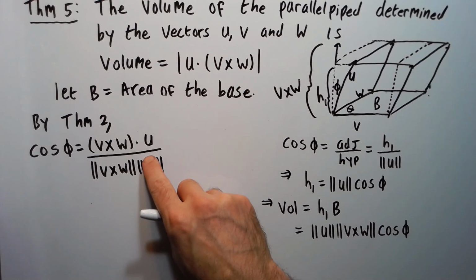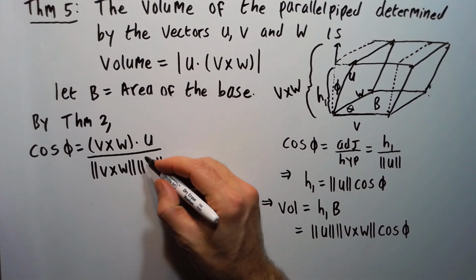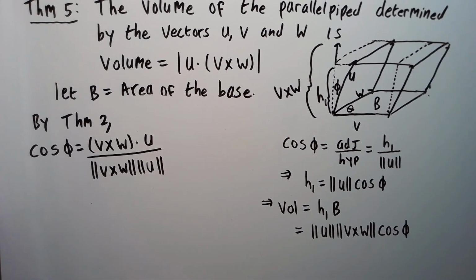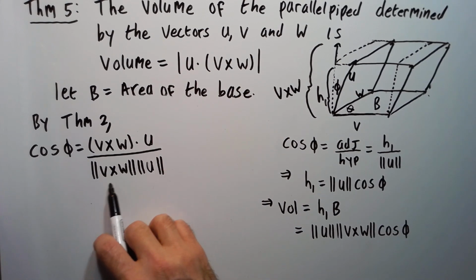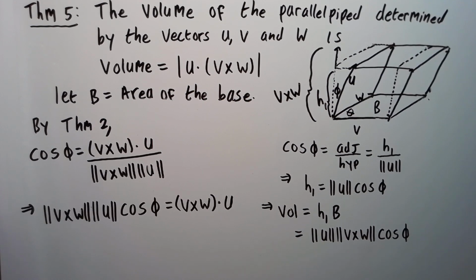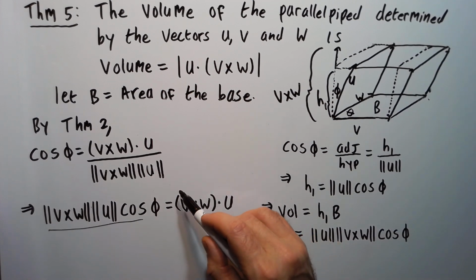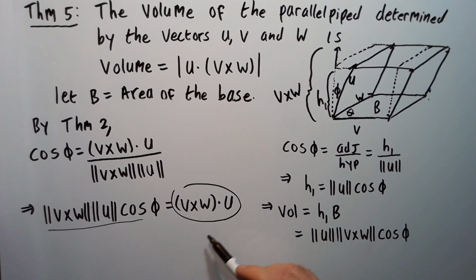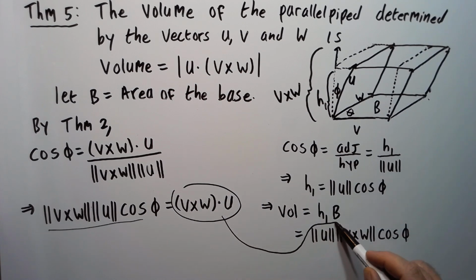Sorry, just notice there should be a u here, not a v. Okay, multiplying both sides by this, we get magnitude v cross w, magnitude u times cosine of the phi angle equals v cross w dot u. But notice this right here is equal to this over here. So therefore this can go in place of this right here.